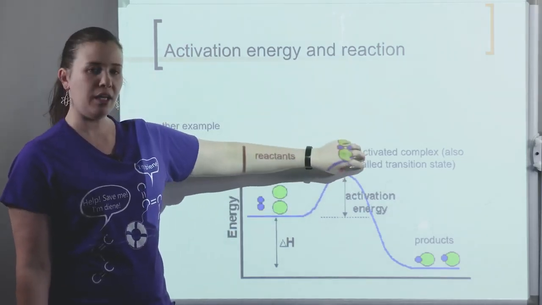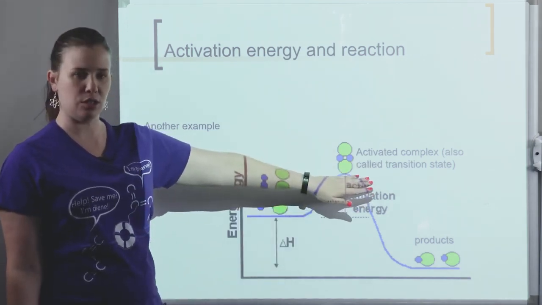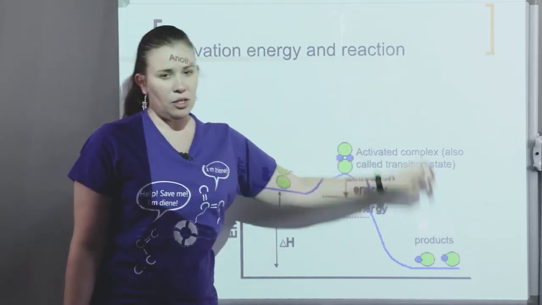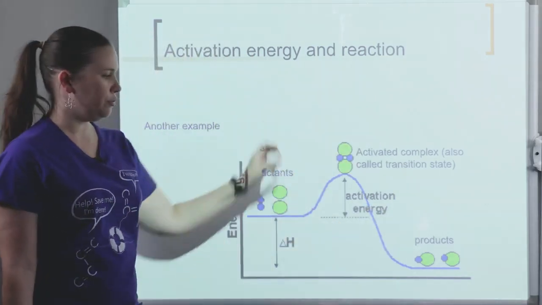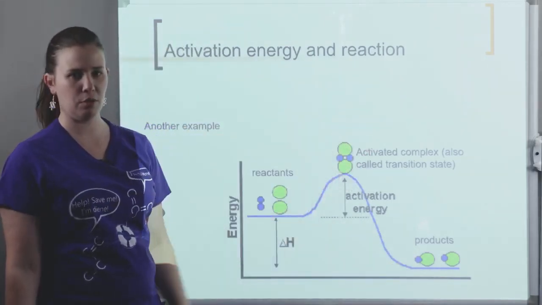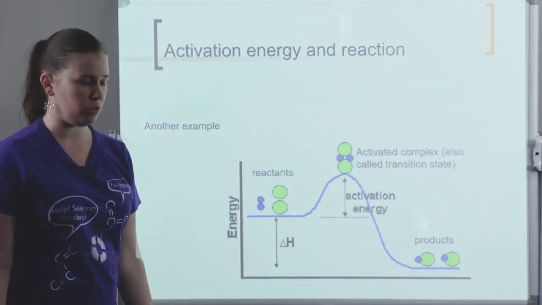Once they're all kind of in position, we call that the activated complex or the transition state, same thing. Then once they're all in place, they don't need any additional energy in order to form the more stable products. So we have this unstable, very temporary activated complex that kind of falls apart into the products naturally.